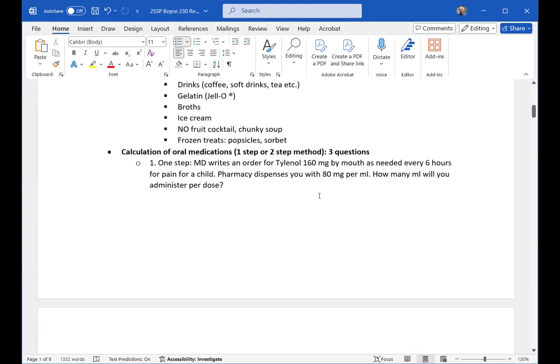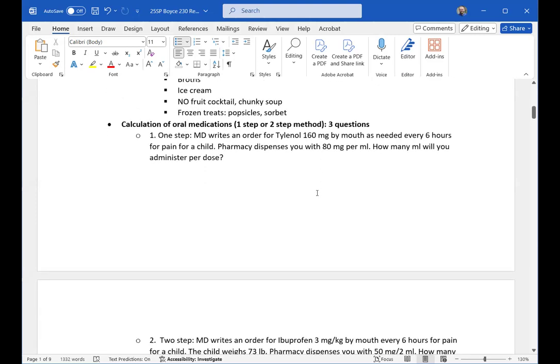All right. You're going to have your oral-based meds. At this point, I think you are pretty strong with those. Remember, oral-based meds just means you're either calculating a tablet, capsule, or a milliliter, right? How do you distinguish? Well, if it says by mouth, that could be tablet, that could be capsule. But when they tell you the pharmacy strength is 80 milligrams per milliliter, that's your clue that it's a liquid.